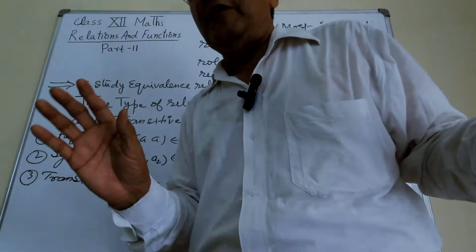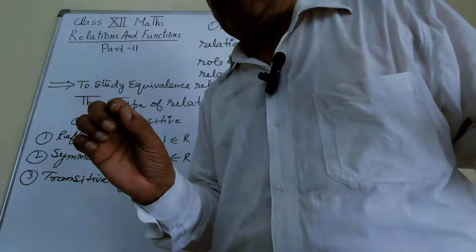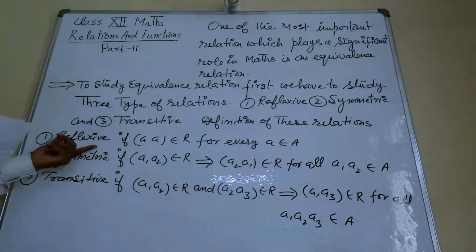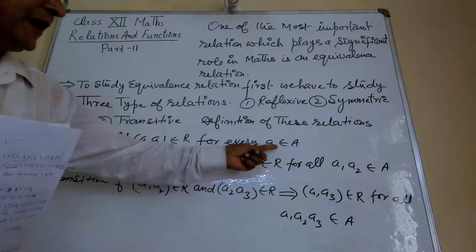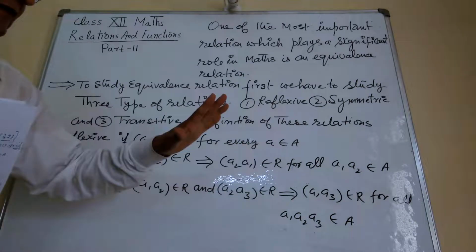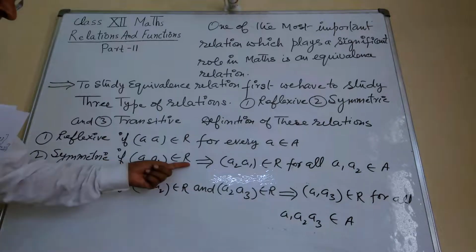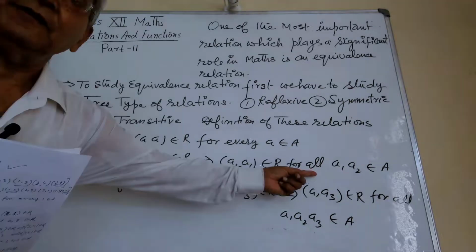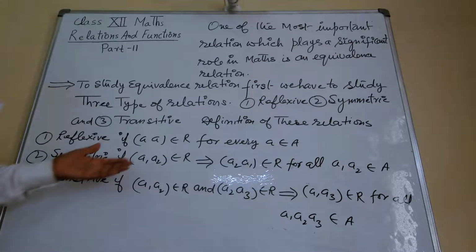Now I am going to tell you some aspects of this relation. First, what is reflexive? If a pair (a, a) belongs to R for every a belongs to A. Second, symmetric. If (a1, a2) belongs to R, then the opposite (a2, a1) should also belong to R. Third point, transitive.